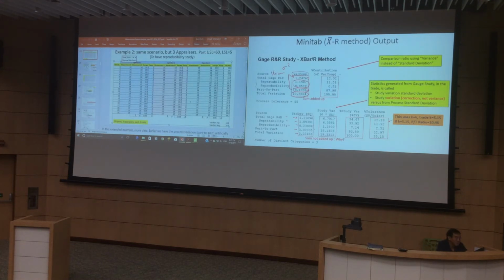And this percentage: this one divided by this one is 12%. Correct? 1.2 divided by about 10 as well. And then you get 87%. Added together, you get 100%, because variances can add.